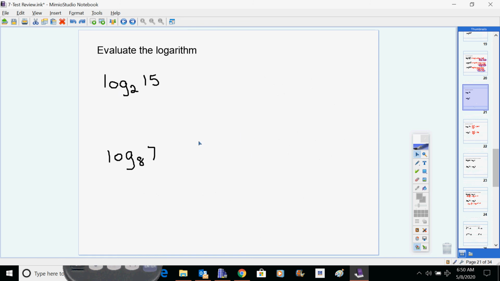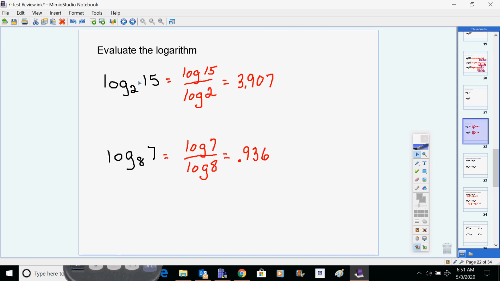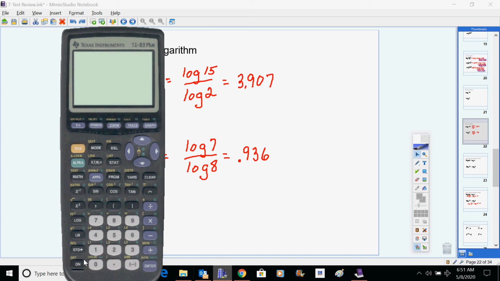Then evaluating the logarithm. In the easier ones, we would say 2 to what power gives you 15. But we have a problem here because there isn't an obvious number for that one. So you have to use the change of base formula. Remember, you can take the logarithm of this one over the logarithm of this one, and it becomes a calculator problem. We've changed them both to base 10, and in that way you can let the calculator do the work for you.